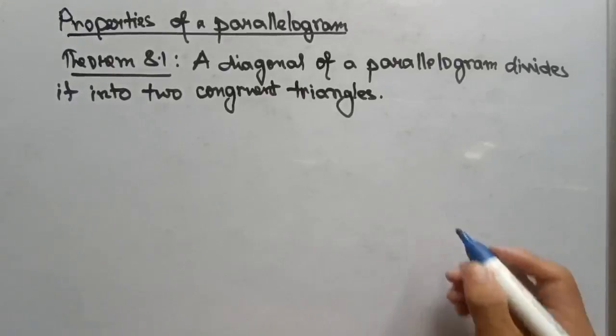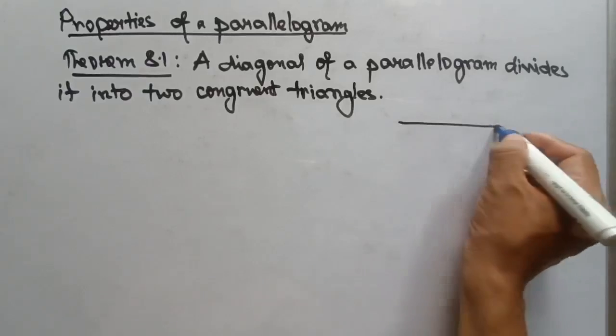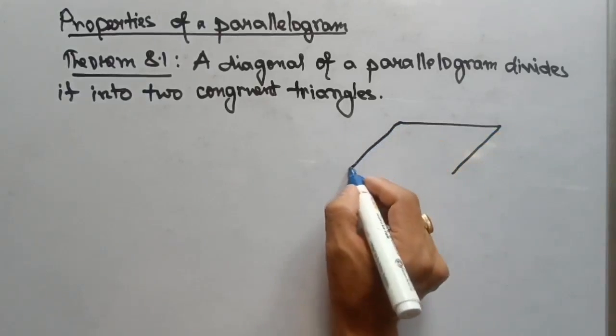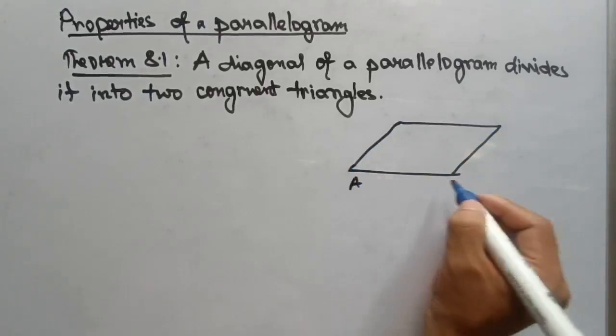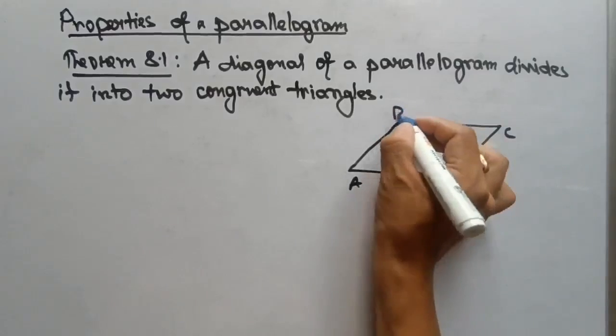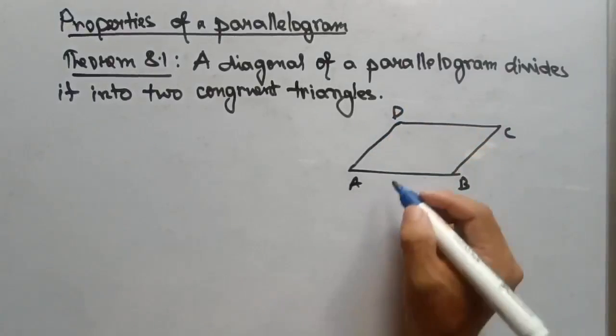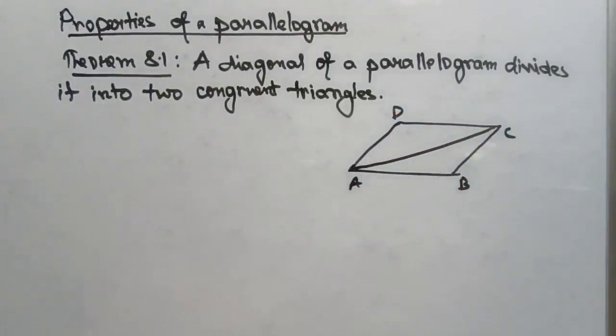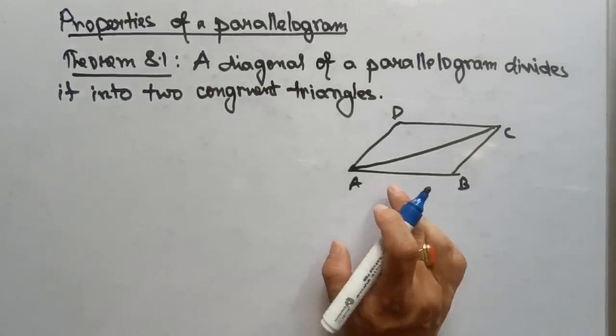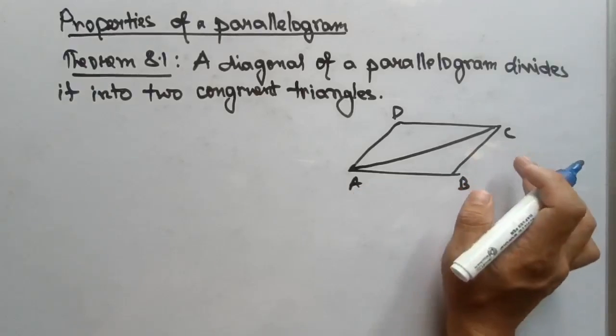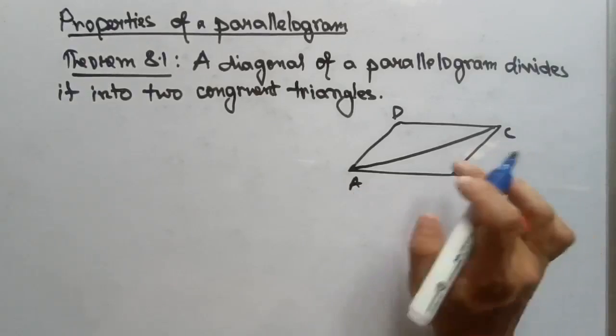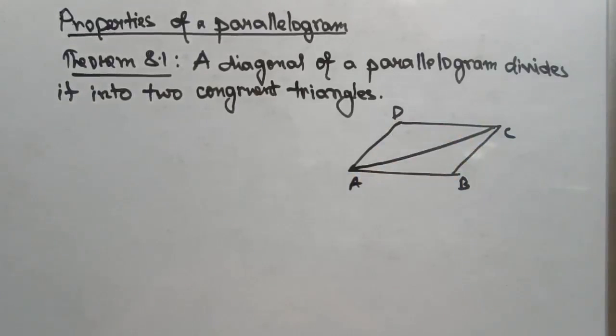So in any parallelogram, say suppose parallelogram ABCD, one of its diagonals, say AC, divides the parallelogram into two triangles, triangle ABC and triangle ACD, in which these two triangles are congruent to each other.